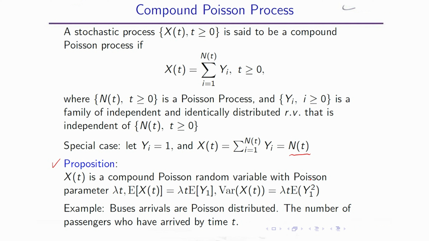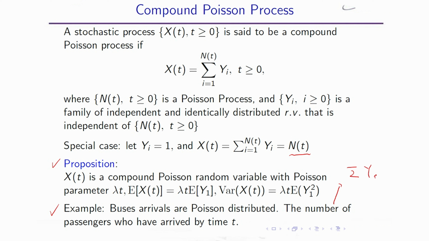And in what scenario can this compound Poisson process be used? I'll just give you an example here, like bus arrivals. If bus arrivals are Poisson distributed, then the number of passengers who have arrived by time t would be a compound Poisson random variable, because we can just use the summation.